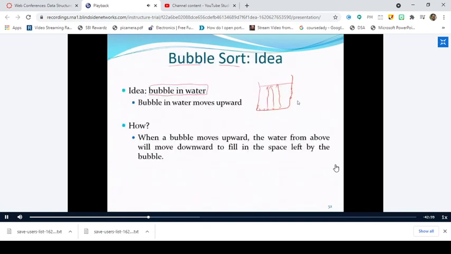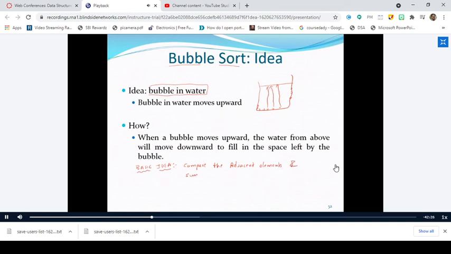And the basic idea, this is very important for each and every sorting algorithm we are going to discuss, right? So the basic idea I didn't mention in this slide. The basic idea behind the bubble sort is, listen carefully, you have to compare the adjacent elements and swap if necessary.